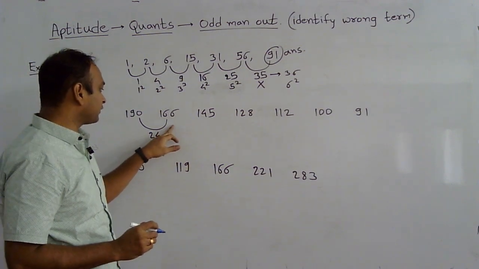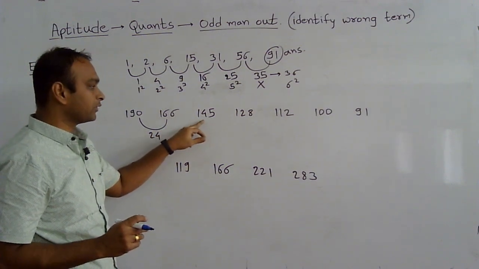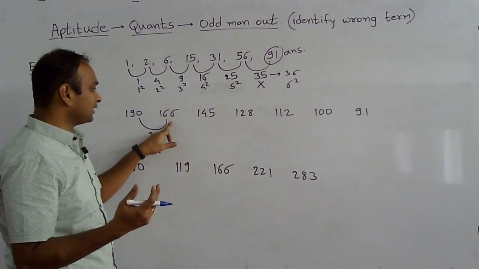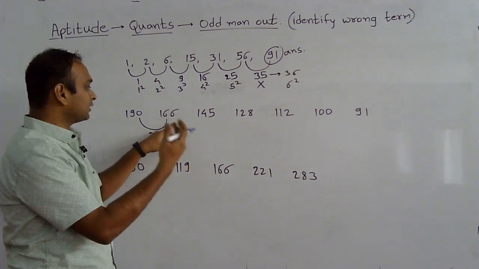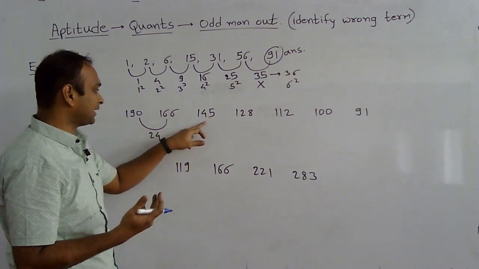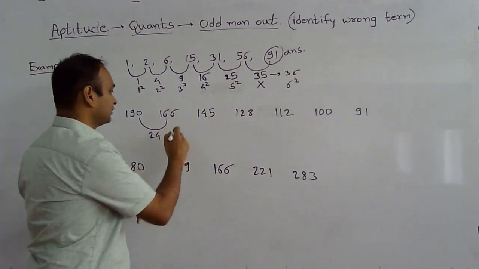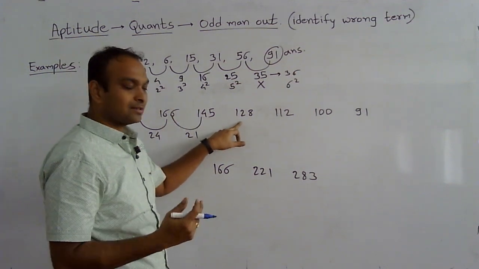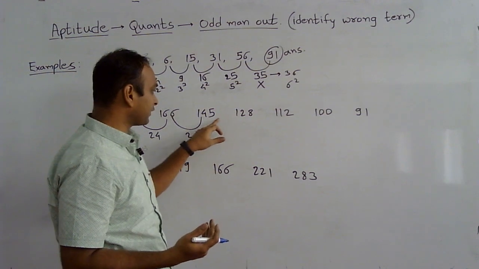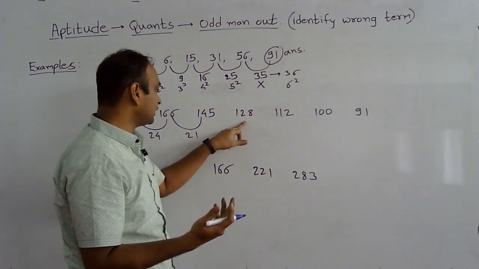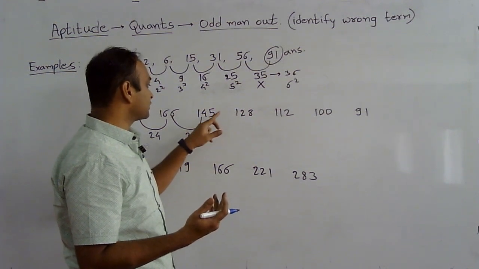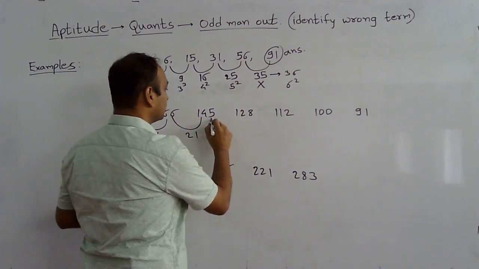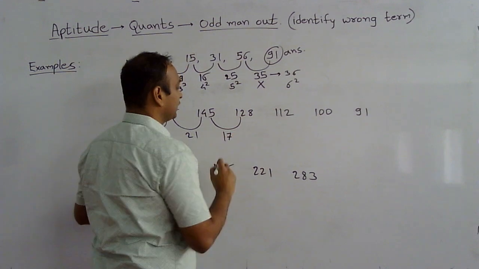Between 166 and 145, 145 plus 5 is 150, 150 plus 10 is 160, and 6 more, so 10 plus 5 plus 6 goes to 21. Now the difference between 128 and 145: 128 plus 2 is 130, 130 plus 10 is 140, and 5, so 10 plus 5 plus 2, the difference is 17 over here.